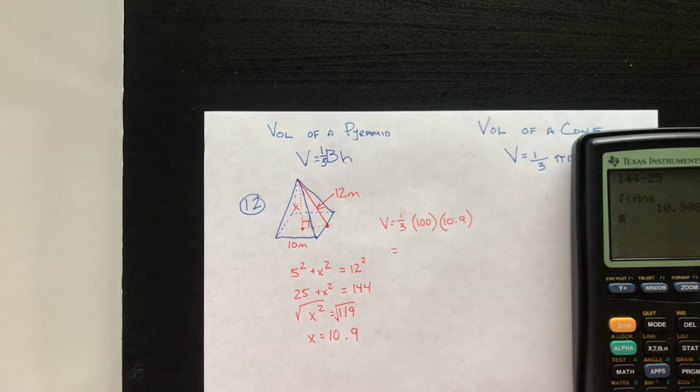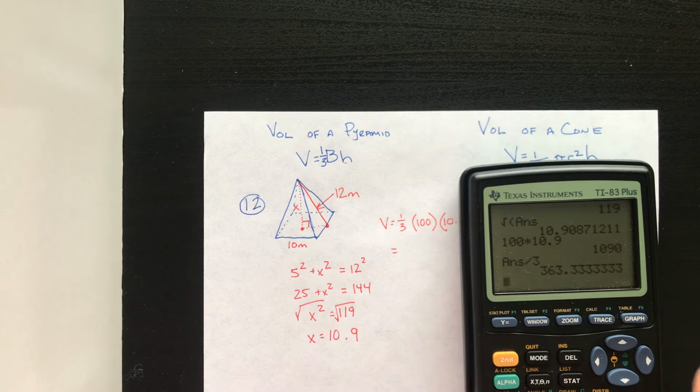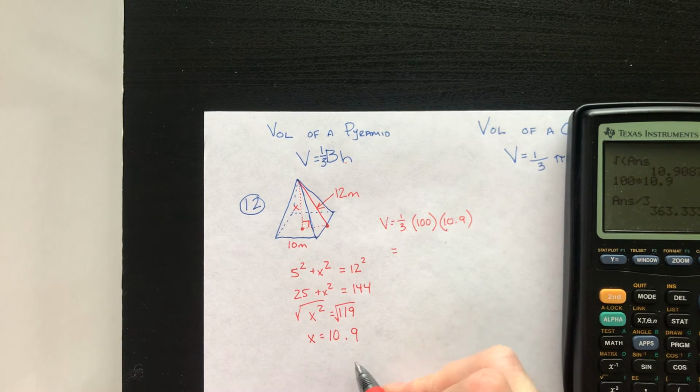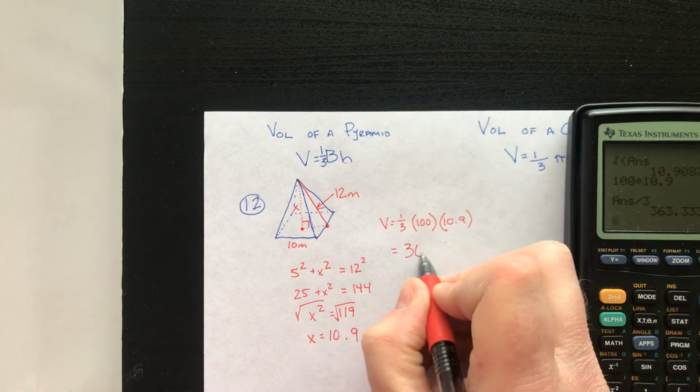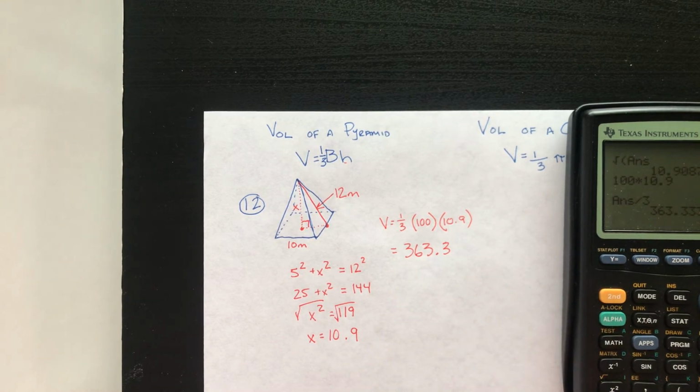So on my calculator, I'm going to type in 100 times 10.9, all right, and then divide that by 3, or you can multiply by 1/3, whichever way you want to do it. So I get 363.3. All right, so that would be the volume of this pyramid, okay?